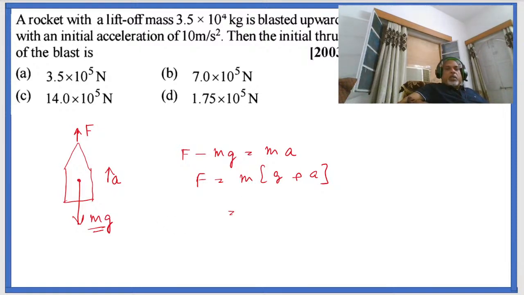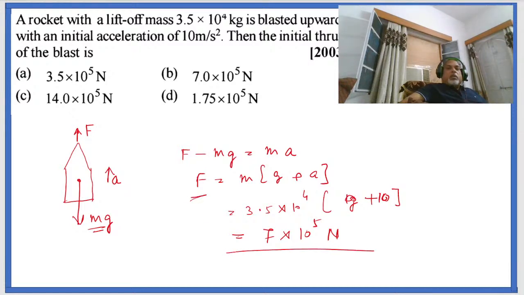So this is nothing but 3.5 into 10 raised to 4 into (g plus 10). You put the value of g, then it will give you 7.7 into 10 raised to 5. So this is the initial thrust.